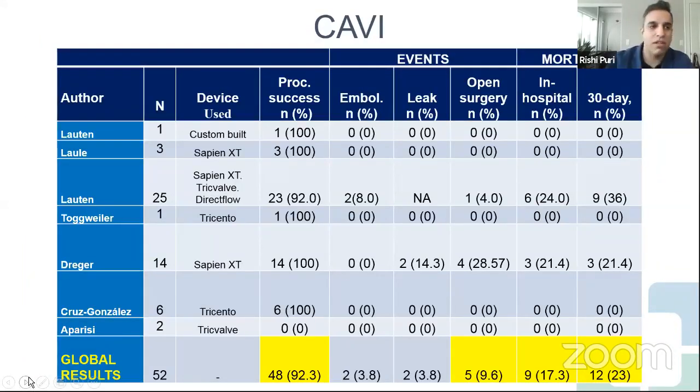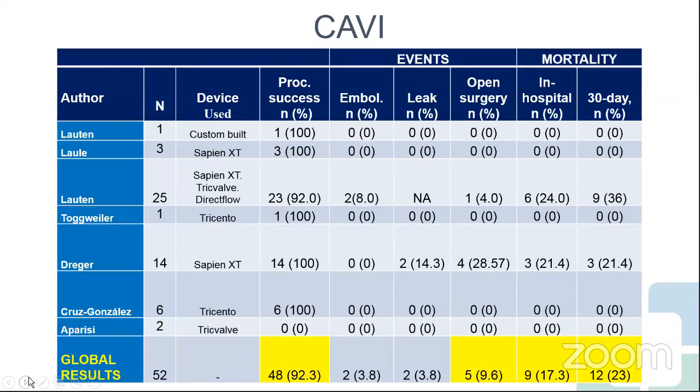And so when we look at the device landscape of CAVI, it really goes back and is not something that has been conceptualized in the last 2 or 3 years. This has been a 10 to 12 year course. Some of the earlier devices were really used off-label to treat patients on a compassionate use plan who really had no hope.